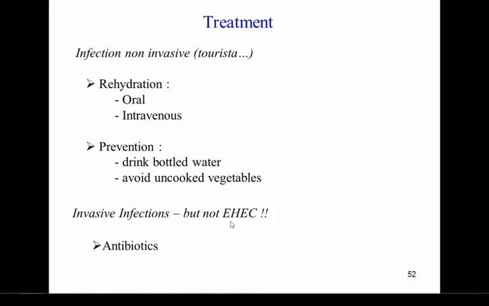Invasive infections, enteroinvasive E. coli and typhoid fever, then you get antibiotics, fluoroquinolones or third-generation cephalosporins, but not for enterohemorrhagic E. coli. No clinical benefit.